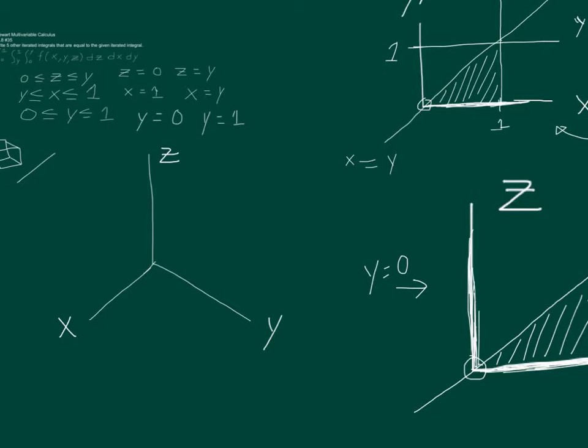So this is the positive x-axis, positive y-axis, and positive z-axis. And so x is equal to positive 1, let's assume is right about here. And so that equation, x is equal to positive 1, would extend upward like so.